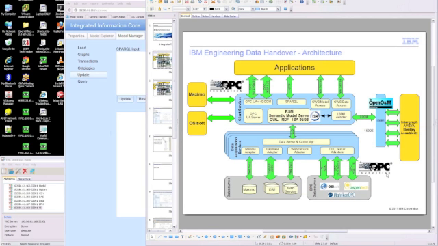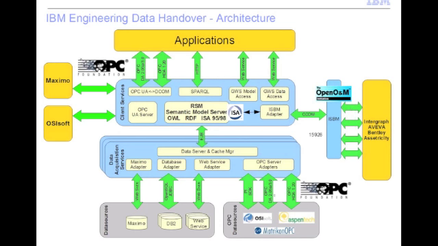This is where it's all been exchanged. Here's our ISBM, with partners exchanging information. We'll be picking this up into IBM's EDH engineering data handover technology based on our integrated information core, IIC.